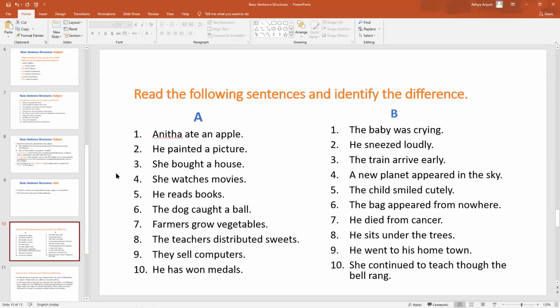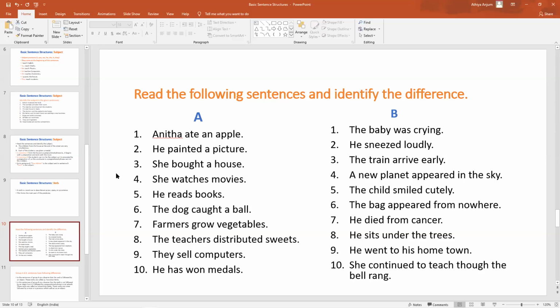Planet. A new planet. Verb, appeared. Where? In the sky. So it begins with a preposition. This is called a prepositional phrase, right? So there is no object there, no direct noun. So this is the prepositional phrase. The verb is followed by a prepositional phrase.